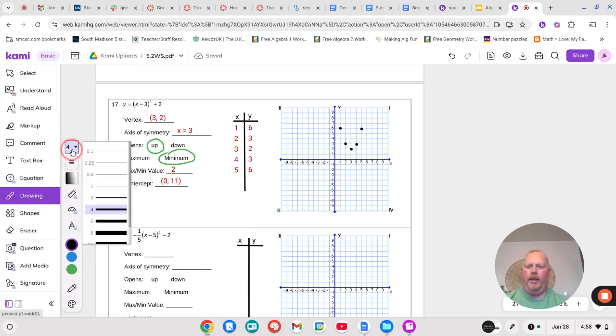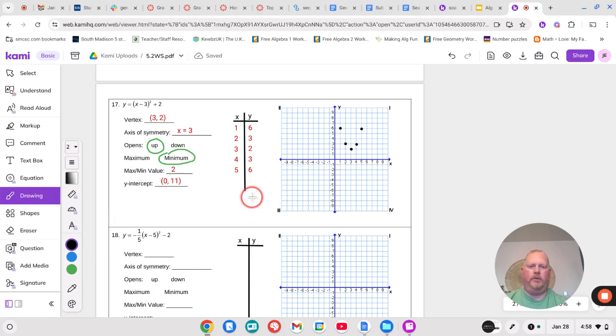So let's go ahead and connect those. Yeah, it looks a little bit better than the last one. Not much, though.